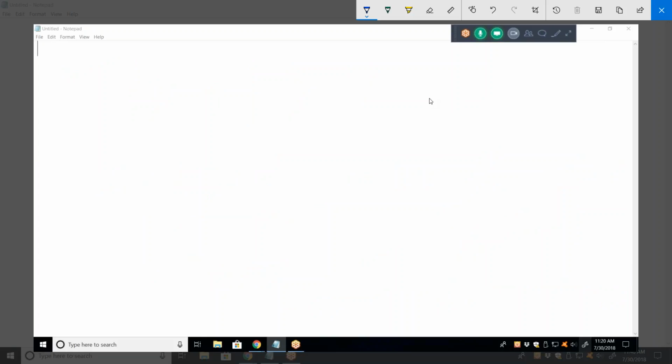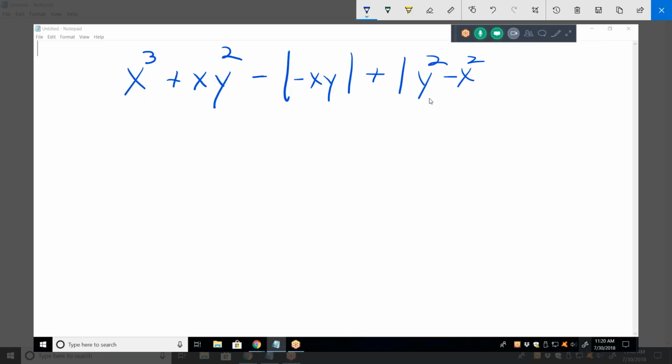They tried to make it kind of tricky on the test by adding a y variable. Let me read you this problem they had. We can do these in 2 dimensions. What I was just doing was 1 dimension. x cubed plus xy squared minus the absolute value of negative xy plus the absolute value of y squared minus x squared, and then it says 8 plus 36 minus the absolute value of negative 6 plus the absolute value of 5.